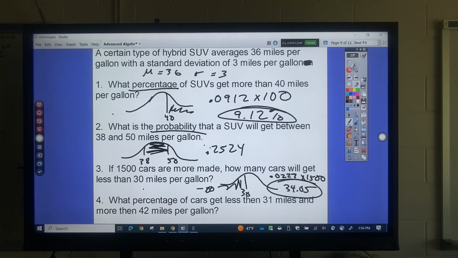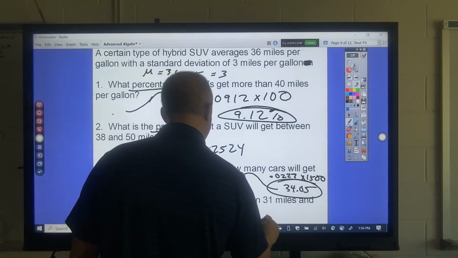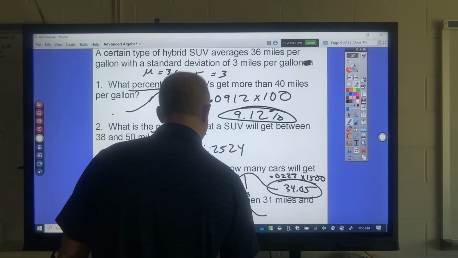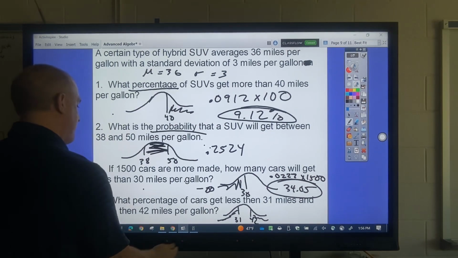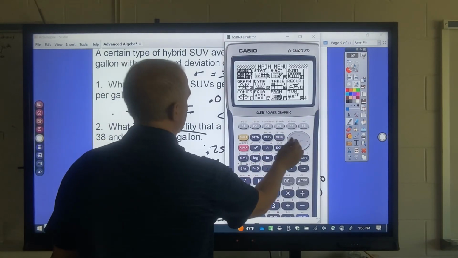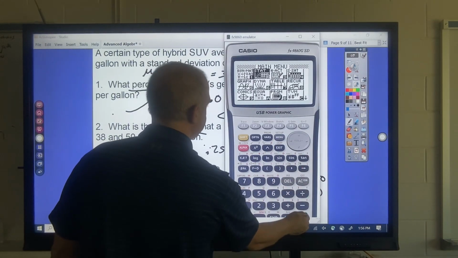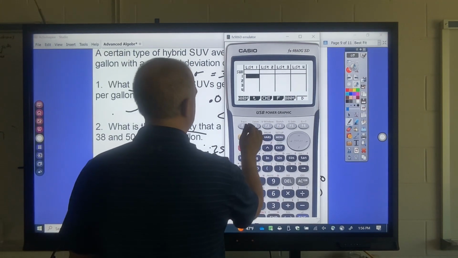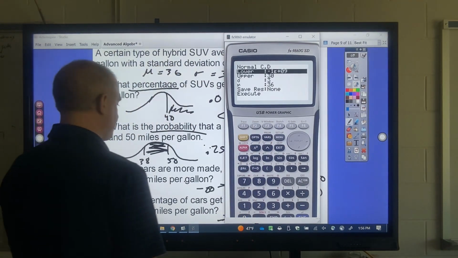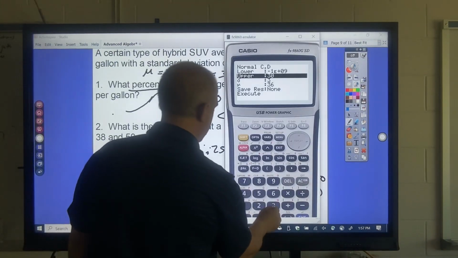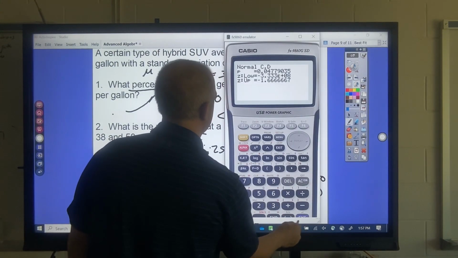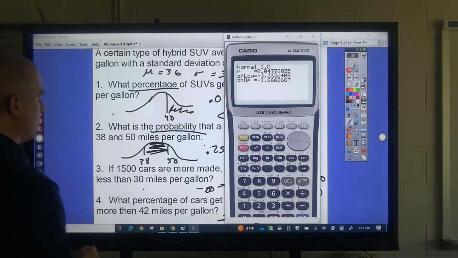What percentage of cars is less than 31 miles per gallon or greater than 42? So I got 31 that way, 42 this way. What I want to do is figure out what the probability is. Menu, stat, dist, norm, NCD. I'm going to do this one first with 31. That's 0.0477.